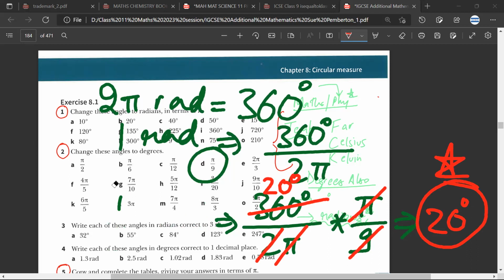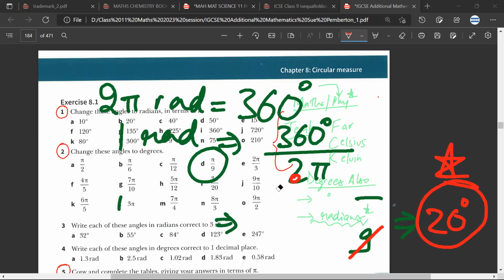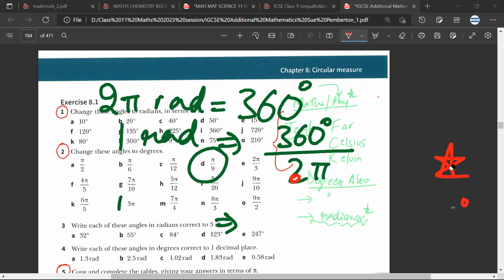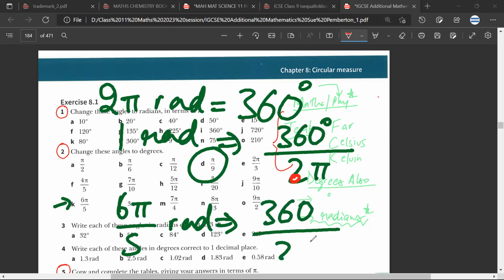The first two steps in all the questions would remain the same. Have you understood the logic? Now I can take any other question. So for example, let me take 6 pi by 5. So 6 pi by 5 radians would be equal to 360 upon 2 pi into 6 pi by 5.